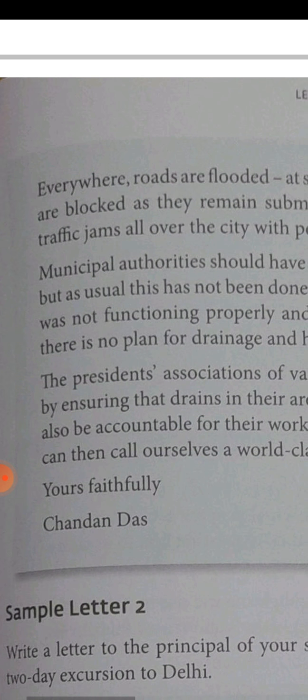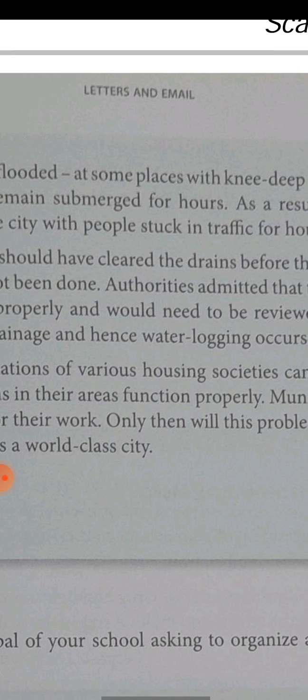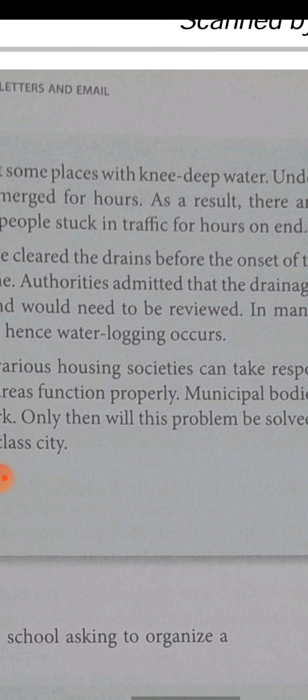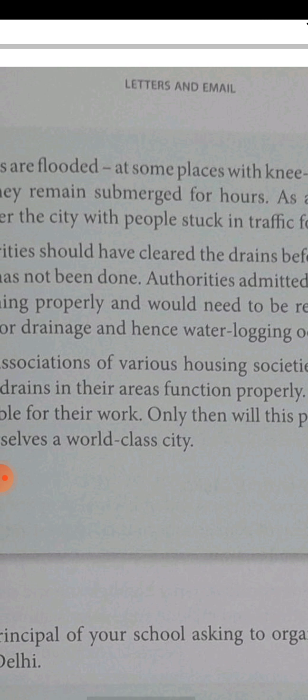Underpasses are blocked as they remain submerged for hours. So underpass, for example, there is an underground passage, so that becomes blocked because water is clogged in that underground passage.